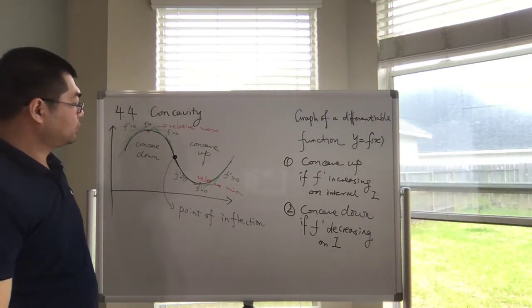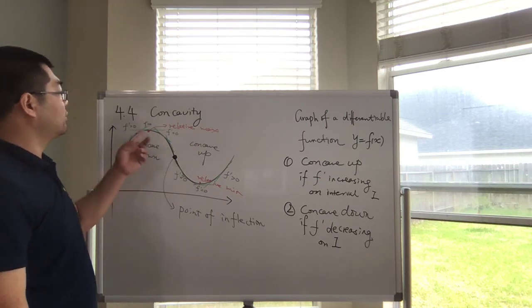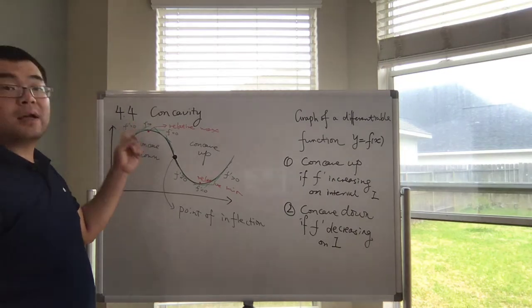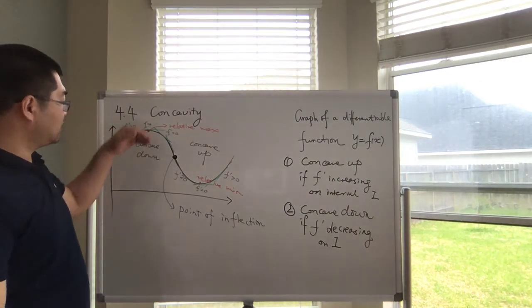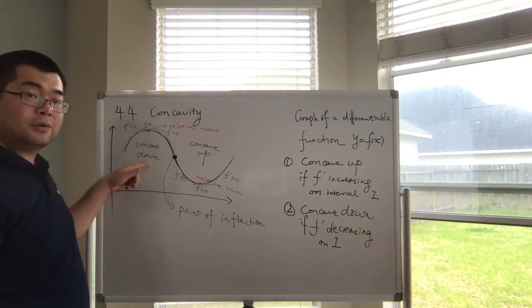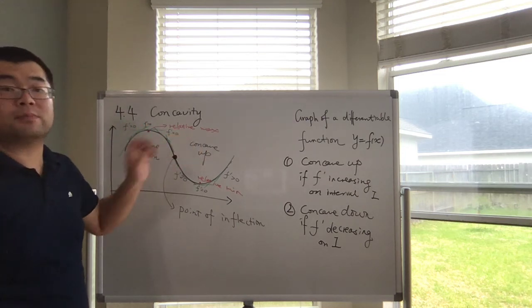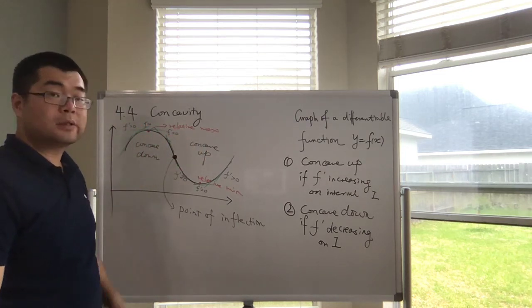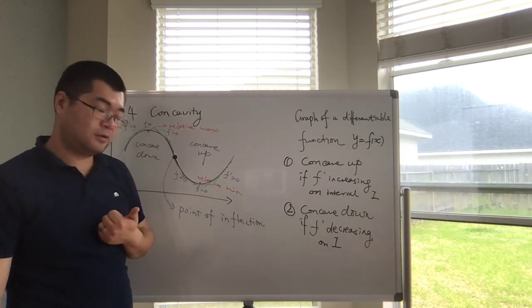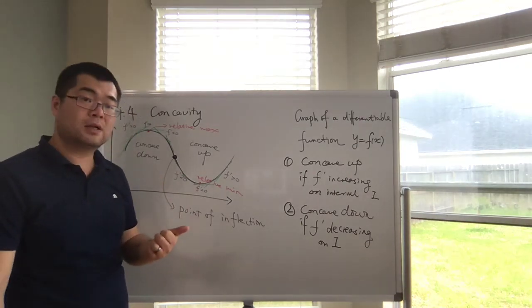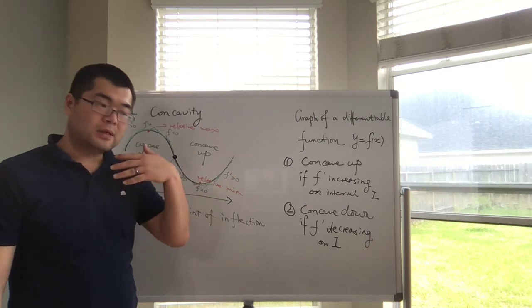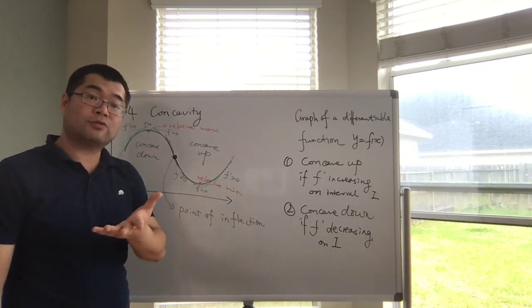And you can tell that when we have a critical point, and that critical point also lies in the concave down interval, that critical point will always be a relative maximum, okay? This is part of the theorem. It's called the second derivative test for the relative extrema.